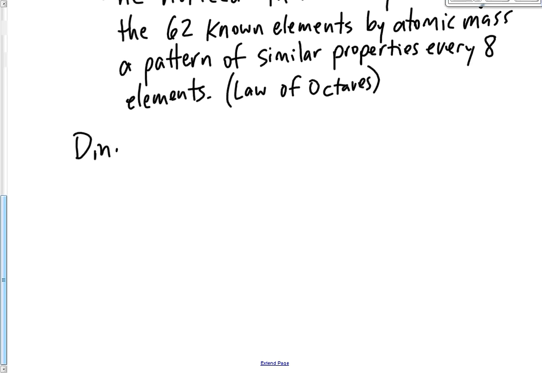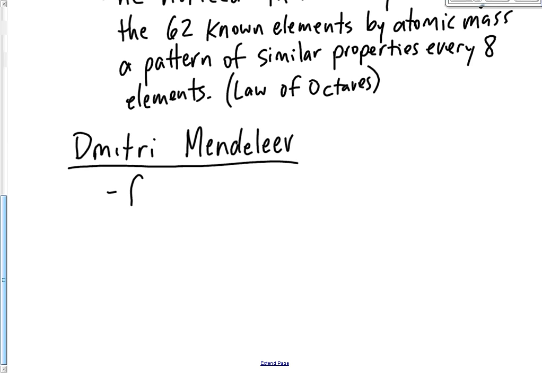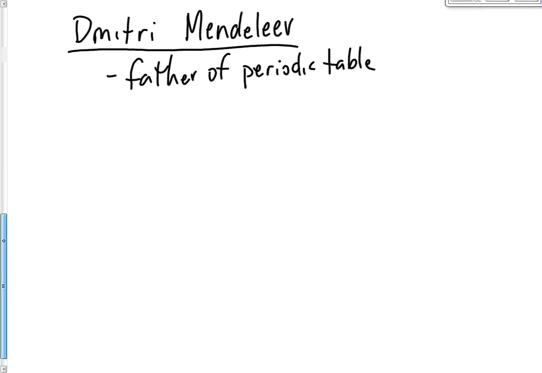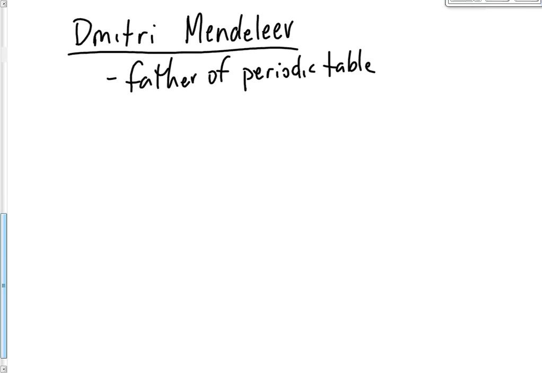And then Dmitri Mendeleev. He is the father of the periodic table. He's the one that made it look pretty close to what we have now.